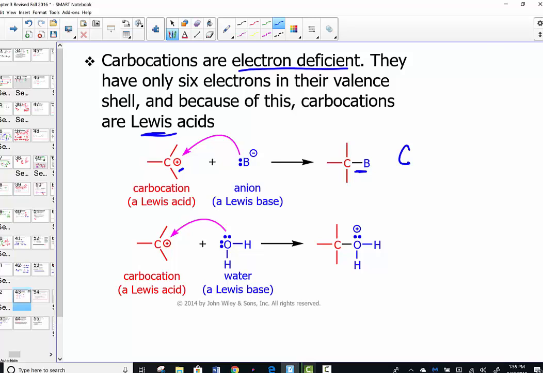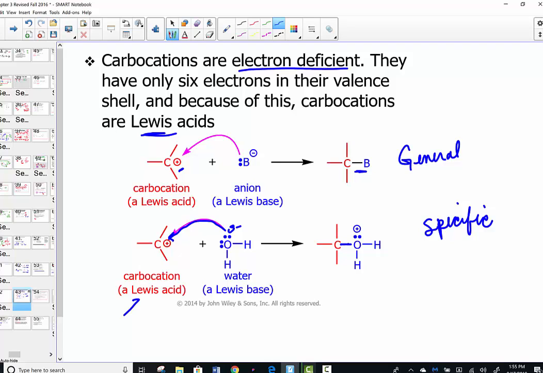And this is kind of a general formula, but if you look at a specific example, you see that water, for example, has two sets of electron pairs on that oxygen. Water is very electron-rich on the oxygen. And it can form, again, watch the arrow, it's going to attach to the carbon, which is electron deficient, and form a new bond between the carbon and the oxygen.